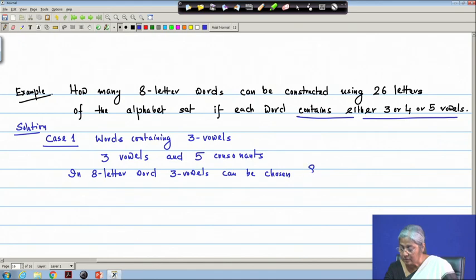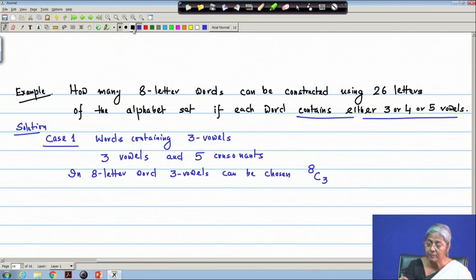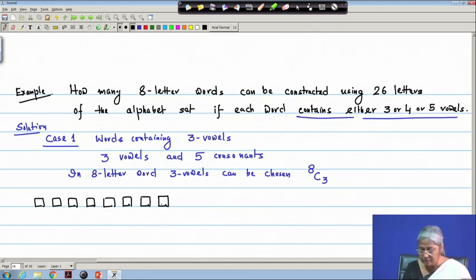Say this is an 8 letter word, with positions 1 to 8.